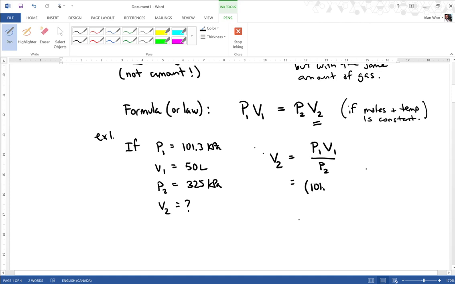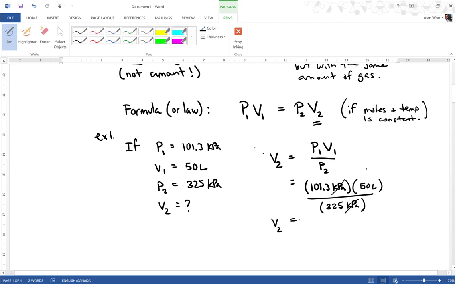So 101.3 kPa times a volume of 50 liters over the new pressure of 325 kPa. You'll notice that kPa cancels out. All you're left with is liters.